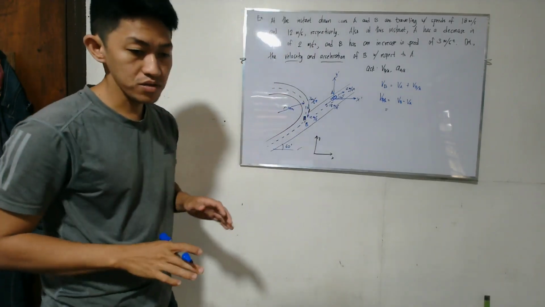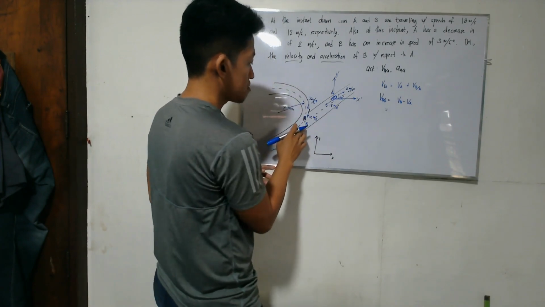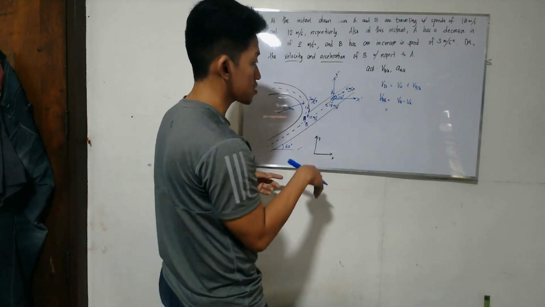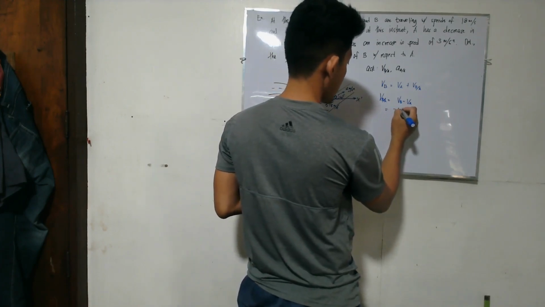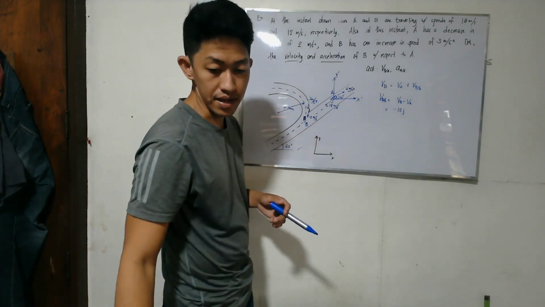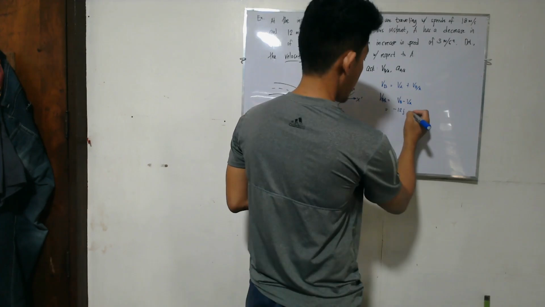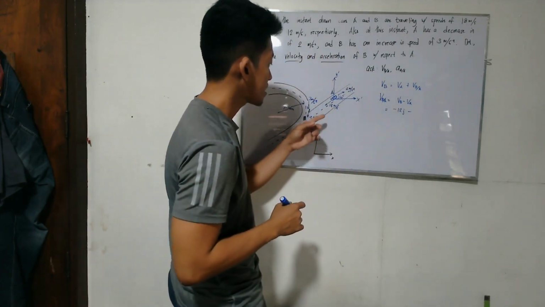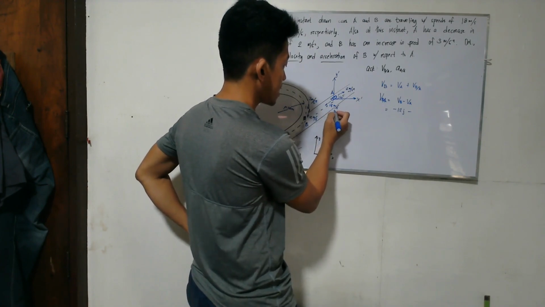And then we will solve this one vectorially. So unsa ang component sa imong velocity B? Obos, negative. So negative 12j, right? Negative 12j minus ang imong A kani, this is your velocity.